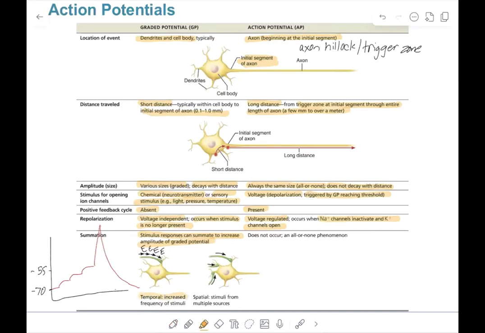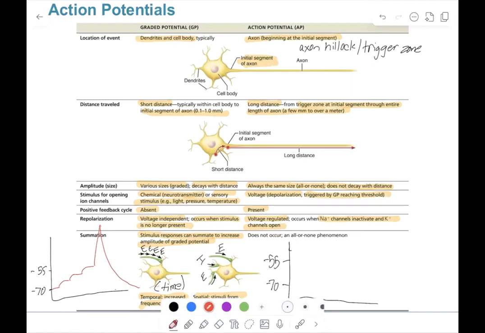If it's summated in a time dependent fashion, meaning they're right after each other, that's called temporal summation. But if they come from different axons, it's called spatial summation. If this is an excitatory, this is an inhibitory, and this is an excitatory, and we look at a graph as well, with our two magical numbers of negative 70 as the resting membrane potential and negative 55 as the threshold, we would see an excitatory one that goes like this, then an inhibitory one that goes like this, then an excitatory one that goes like this.